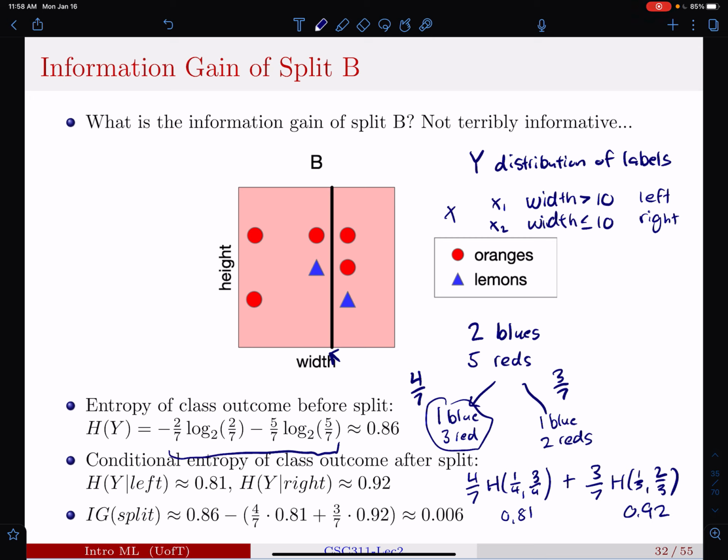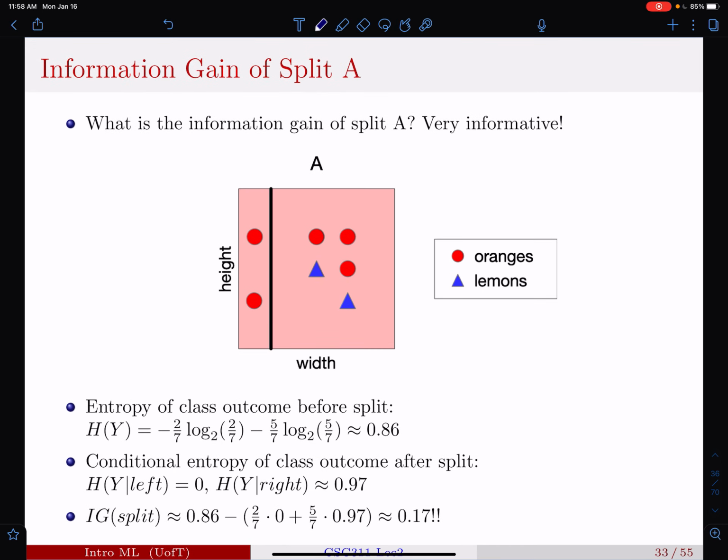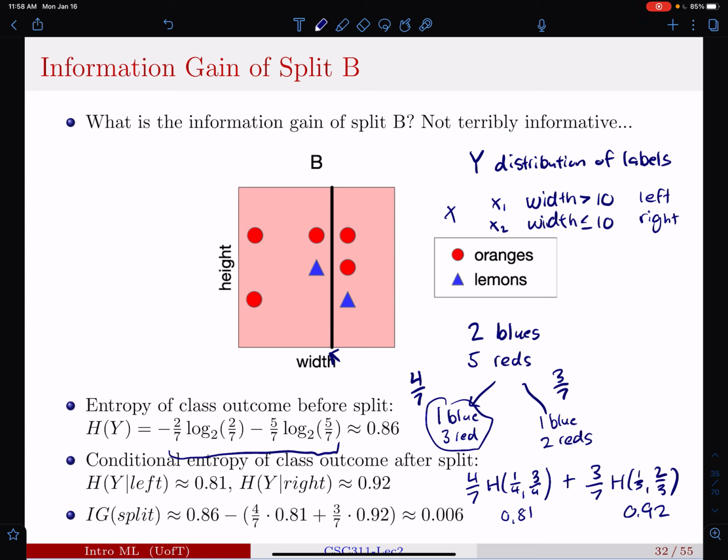Any other questions? How is H of Y given left calculated? H of Y given left uses the 1 blue and 3 red values, so this corresponds to the distribution 1/4 and 3/4.